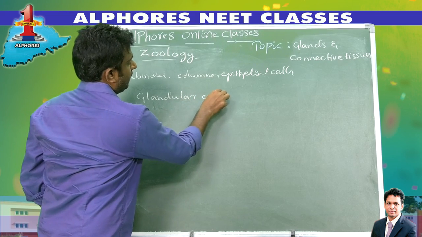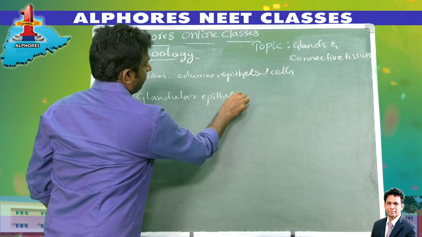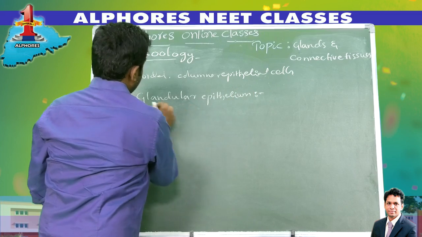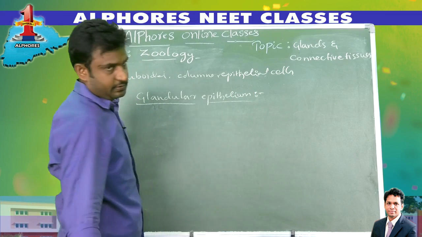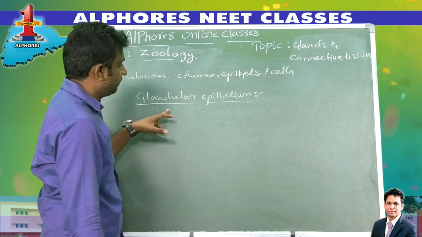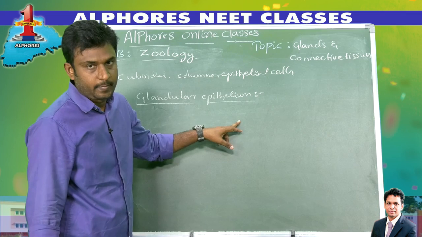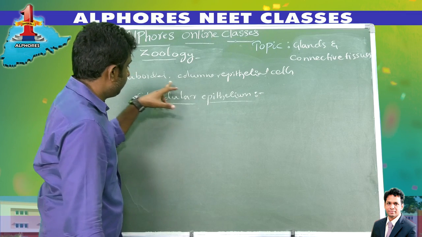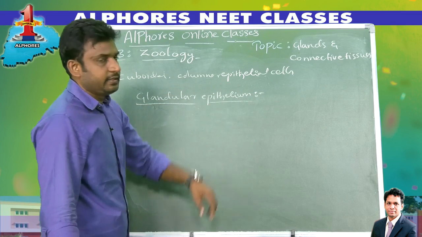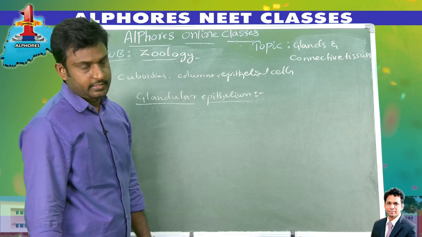These are specially useful for the secretion of materials. Some fluids are released from this glandular epithelium. Glandular epithelium is formed by some of the cuboidal and columnar epithelial cells. Already we have discussed this yesterday.